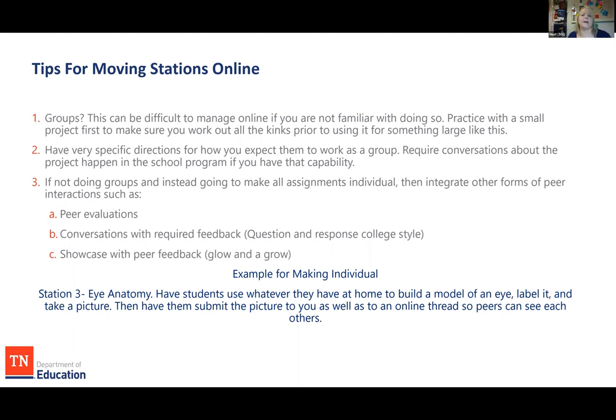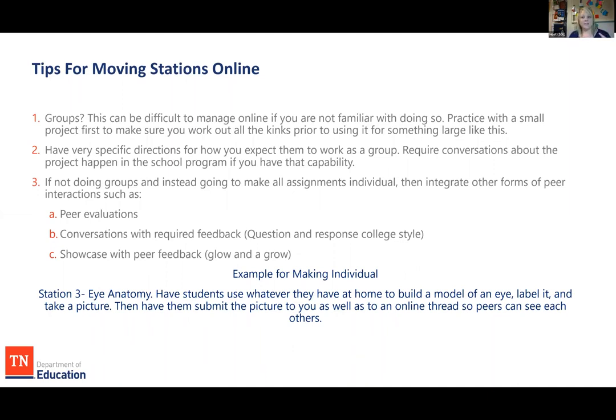And then I gave you an example of how you might make something individual. So for the eye anatomy, not all students are going to have Play-Doh at home, or craft materials. A lot of students barely have anything at home, but if they use a can for the pupil, and take a blue shirt and put it around it for the iris, and then keep going with just stuff they have around the room, take a picture, label it for you, they're still doing eye anatomy.